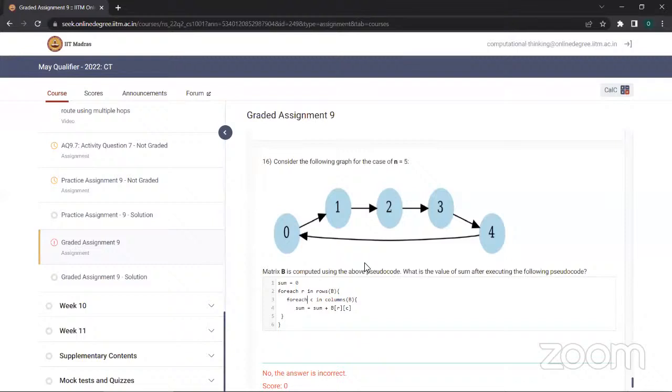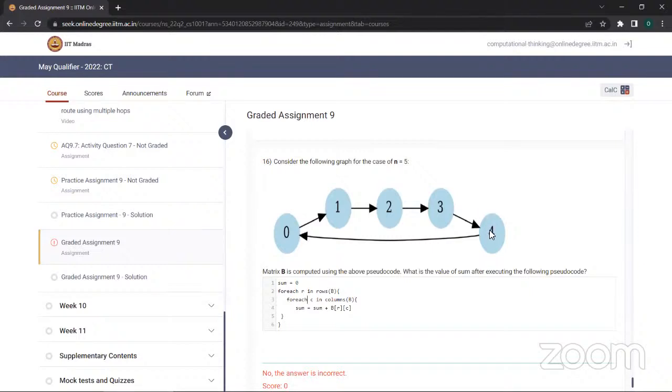But then we can know that because there is also an edge from 4 to 0. Suppose we say that the value of 0, 0 is 0. But we know that there is an edge from 4 to 0. So we know that we can go from 0 to 4, and at the same time, there is an edge from 4 to 0 also. So what is the meaning of that?